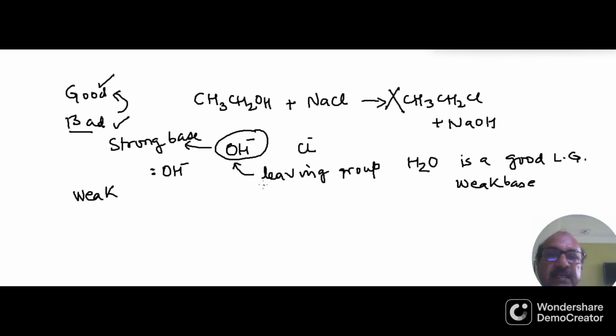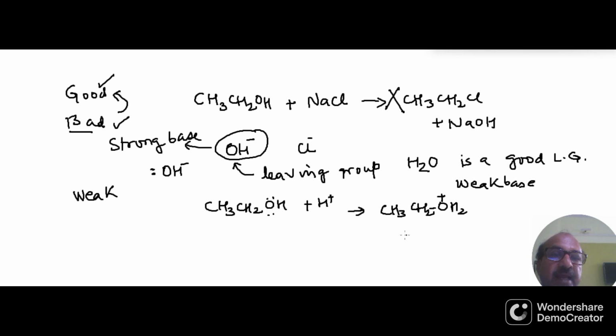One of the ways is that in the presence of H plus ions, the lone pair of electrons binds with the H plus, making it CH3CH2OH2 plus.